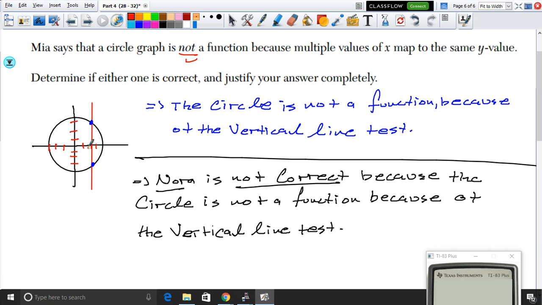All right. So let's see what happens when x is 2. When x is 2, you get y equals 3 and y equals negative 3. Is this exactly what Maya is saying? It's kind of like the opposite of what Maya is saying. Because in here it says that multiple values of x map the same y value.